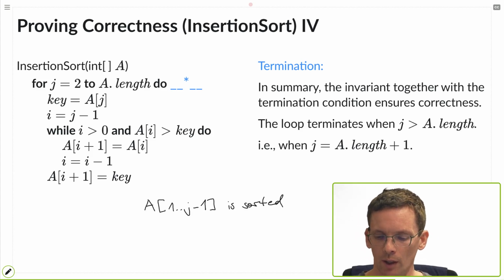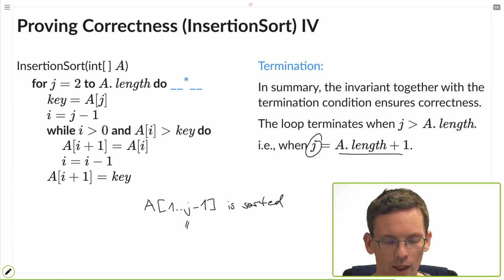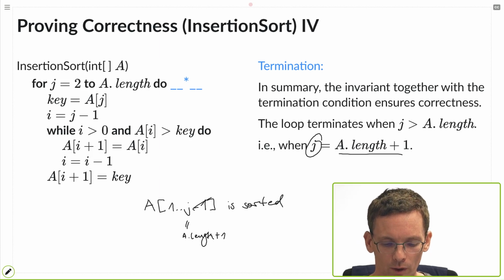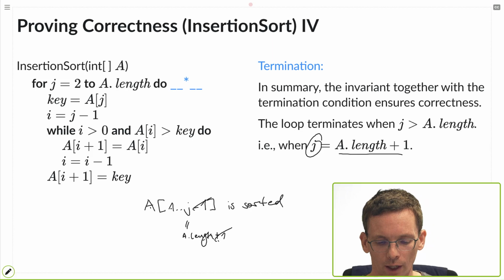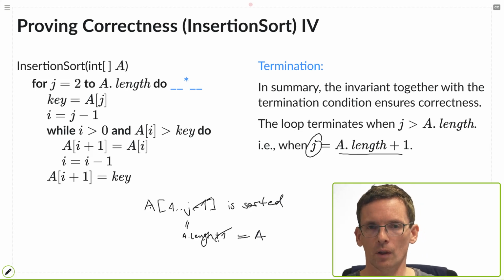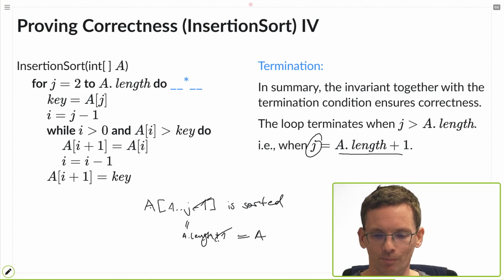Now if for j I plug in the length of A plus 1, then plus 1 minus 1 cancels. So now I'm saying A from 1 to length of A, which is simply equal to A. A is sorted. This means the array is sorted, and this means insertion sort works correctly.